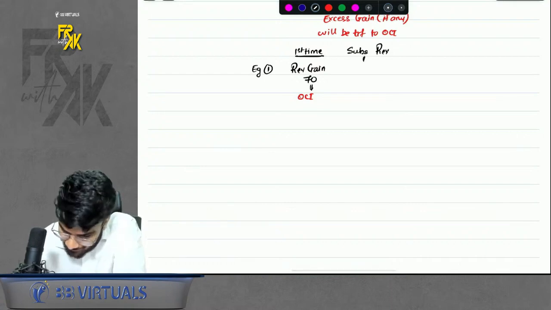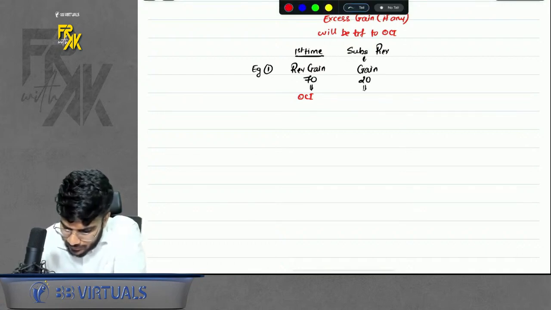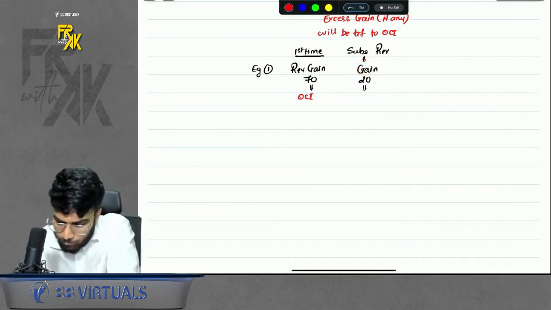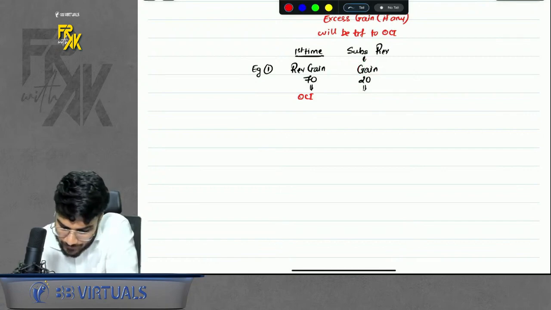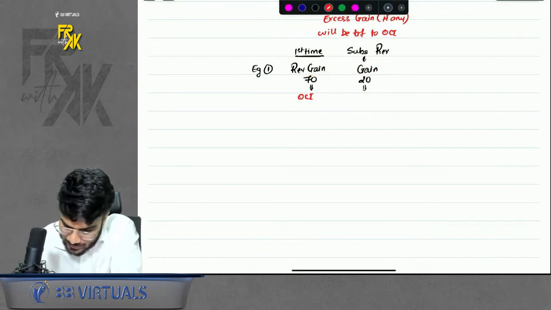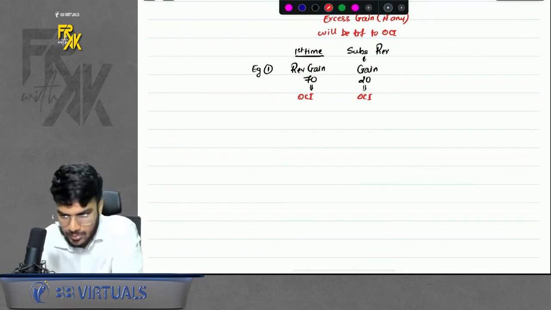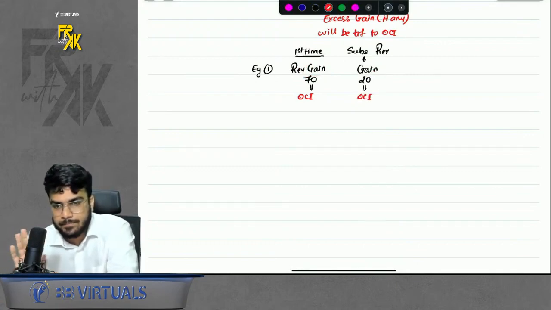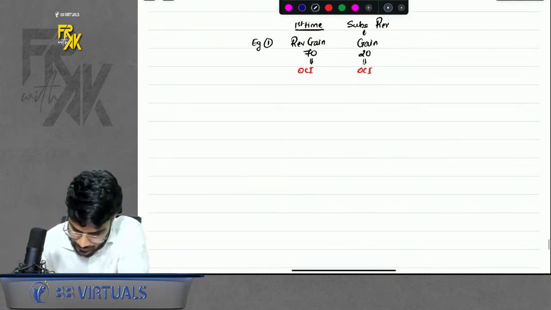On subsequent revaluation also you get a gain of 20. Where will this gain get transferred? So you will have to check what you had previously. So previously you had a gain. Now also you are having a gain. So such existing gain will also be transferred to OCI. Simple. Okay? Okay, sir. Example number 2.